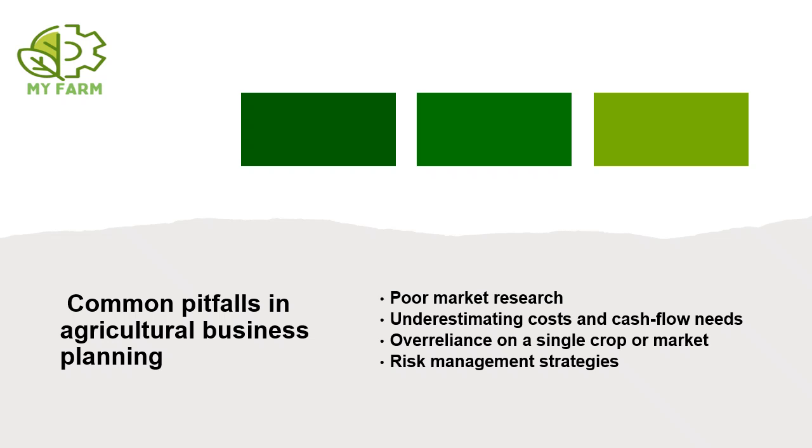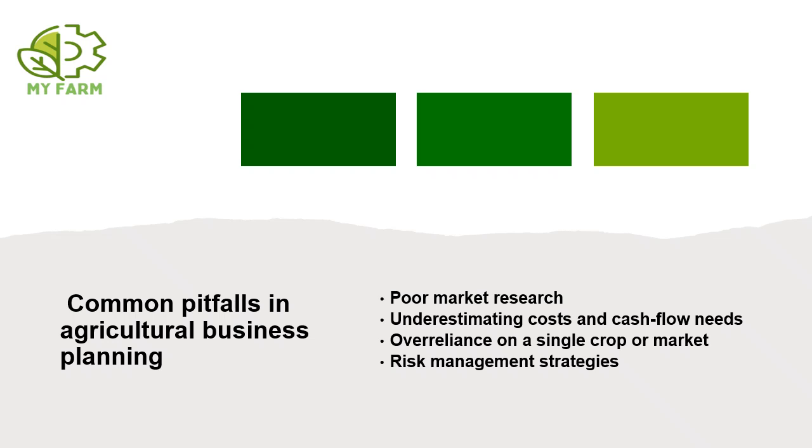Many agricultural businesses struggle not because they lack potential, but because they overlook key elements in the planning process. One of the most common pitfalls is poor market research. Farmers may assume demand for a product without understanding customer preferences, competitor behavior, or price trends, leading to unsold inventory or low profitability.